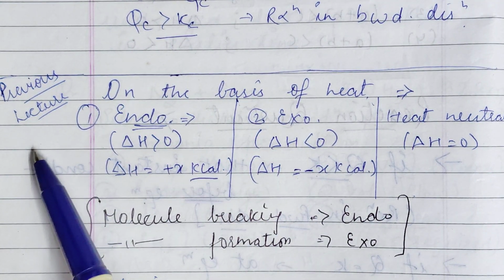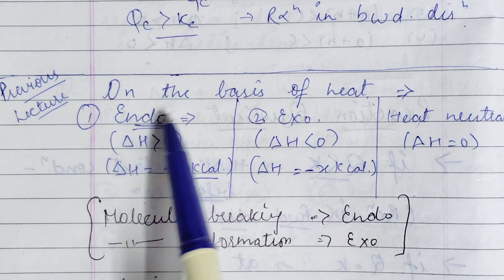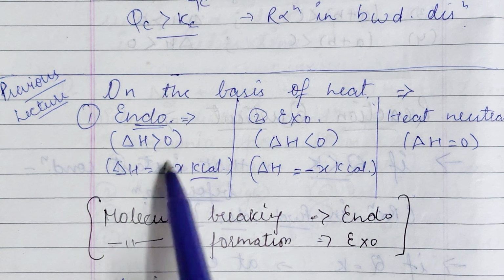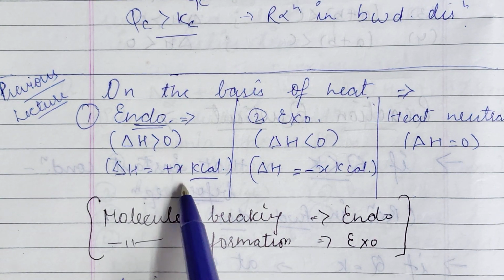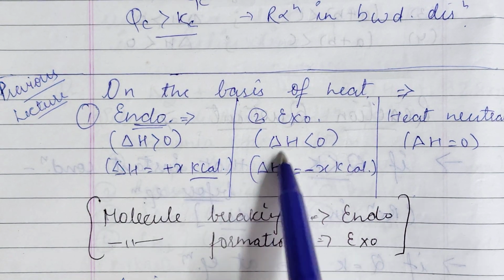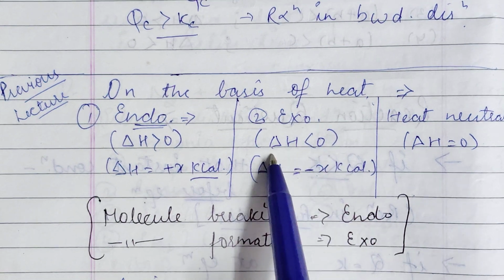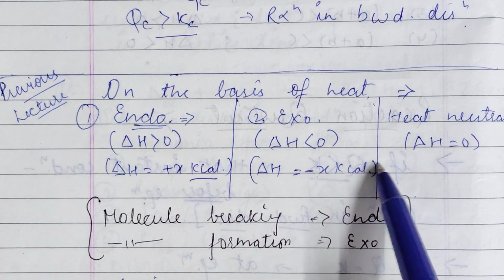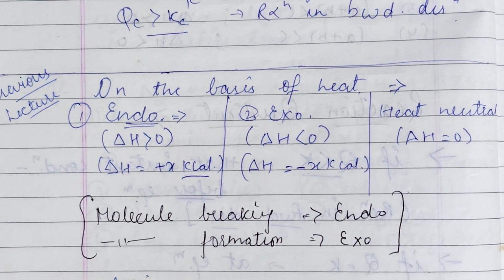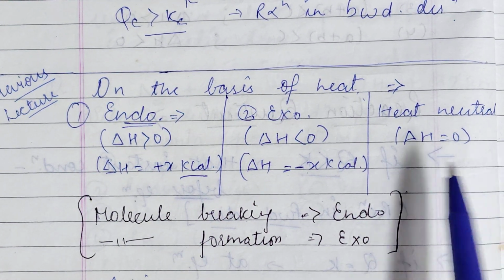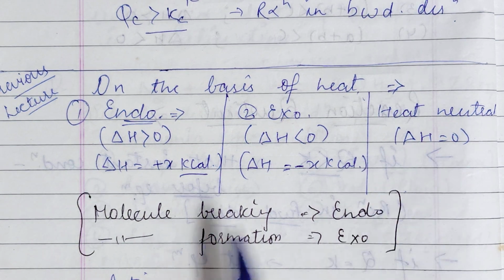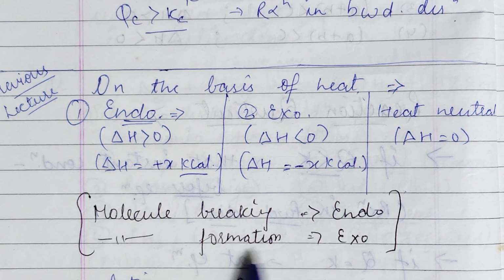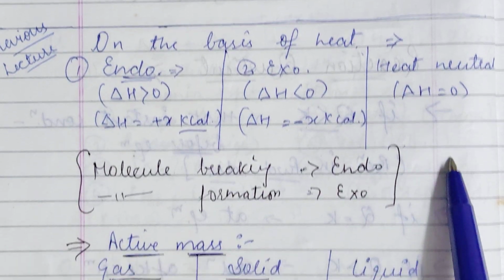Next, from the previous lecture, on the basis of heat: endothermic reaction, delta H is greater than 0, delta H plus X kilocalorie. Exothermic, delta H is lesser than 0, delta H is negative X kilocalorie, and heat neutral, then delta H equals 0. Molecule breaking is endothermic, molecule formation is exothermic.